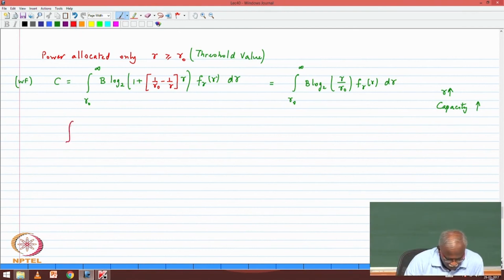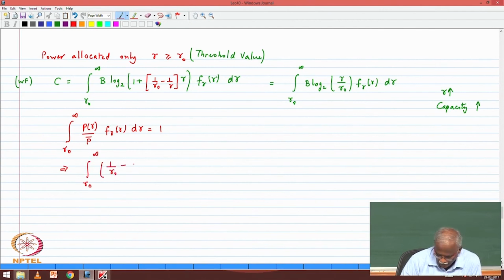So integral from gamma naught to infinity of P gamma by P bar, f gamma of gamma d gamma equal to 1. This can be rewritten as integral from gamma naught to infinity of (1 by gamma naught minus 1 by gamma) f gamma of gamma d gamma equal to 1.